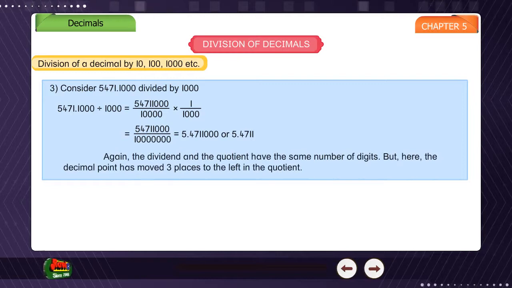Again, the dividend and the quotient have the same number of digits, but here the decimal point has moved 3 places to the left in the quotient.